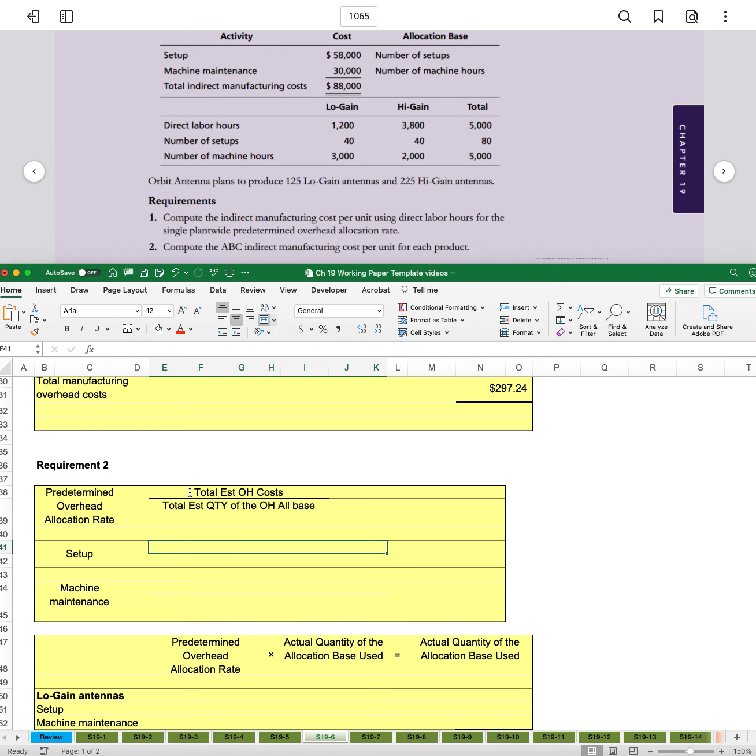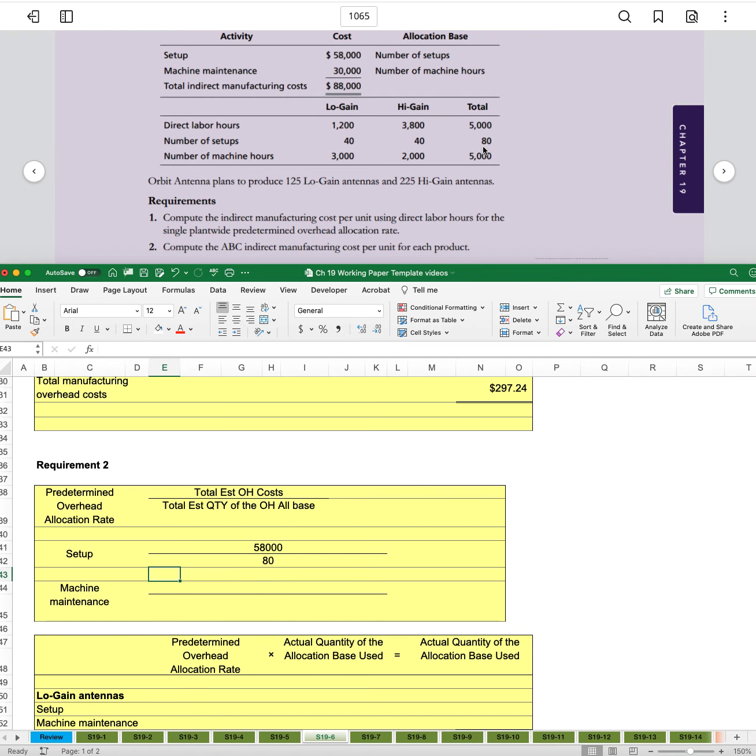And so as far as setup goes, we have estimated cost of 58,000, and the total number of setups is 80.